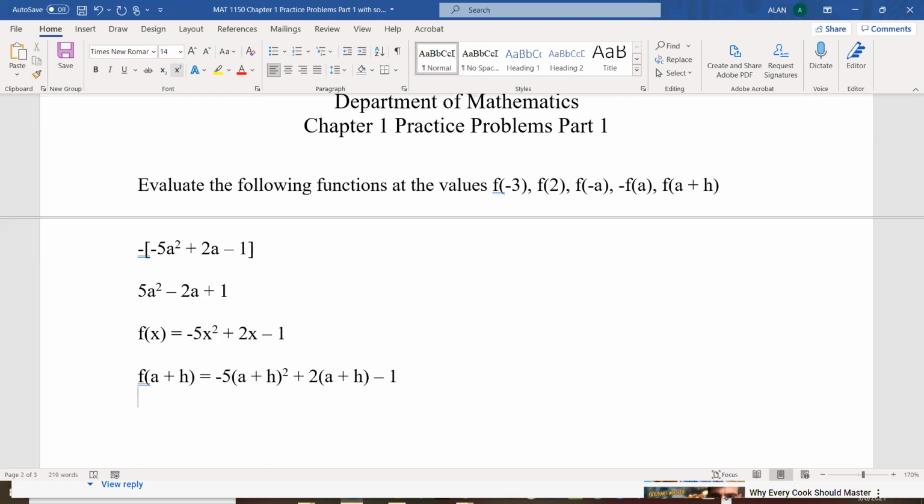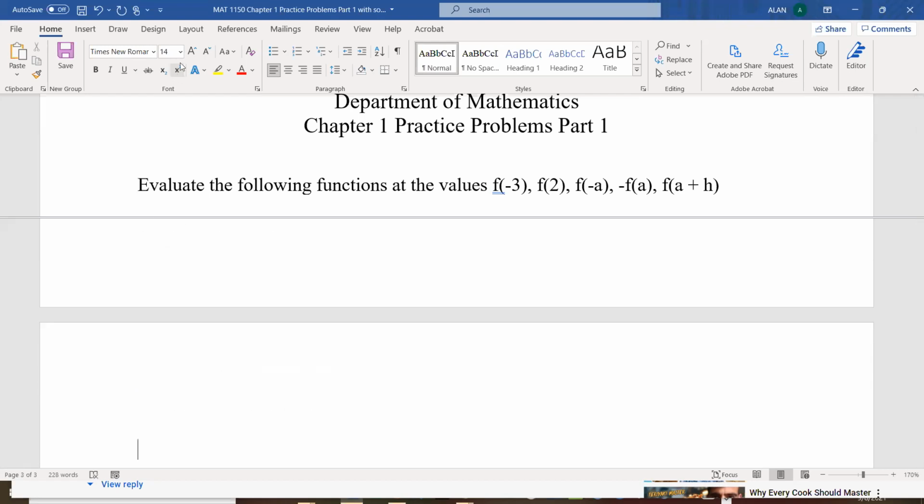Okay, now the only reason this is the least bit scary is because a plus h squared could be written as simply a plus h times a plus h. And once you do it that way, you can see that you can actually apply FOIL here.